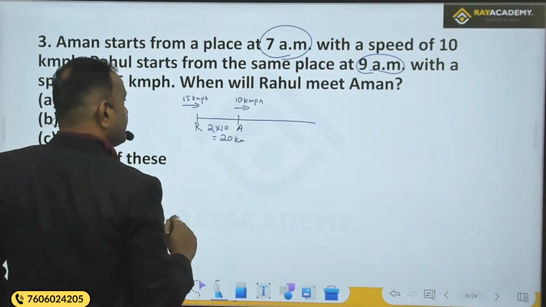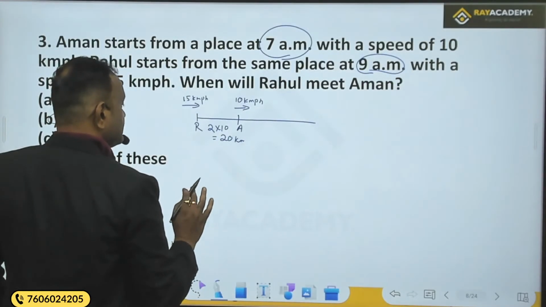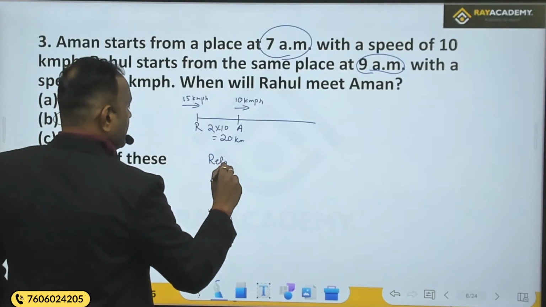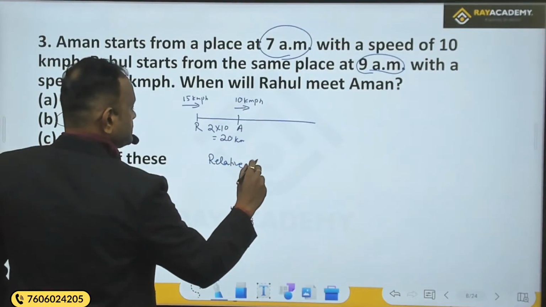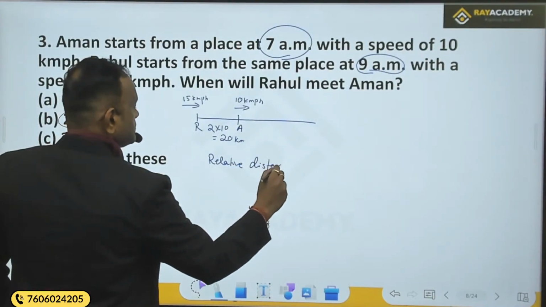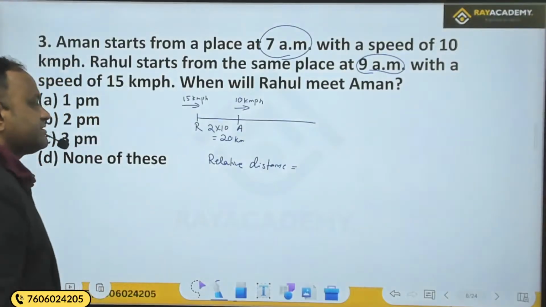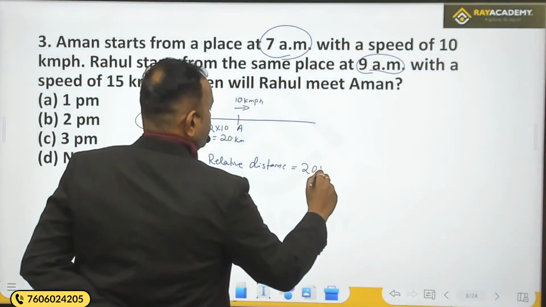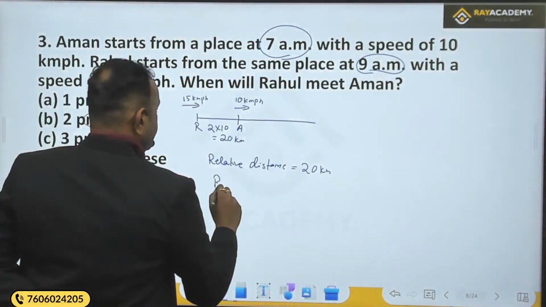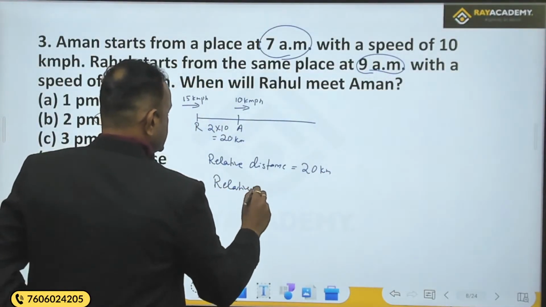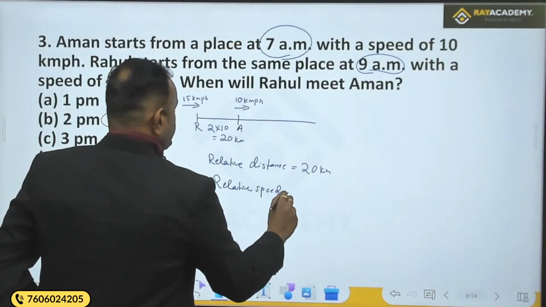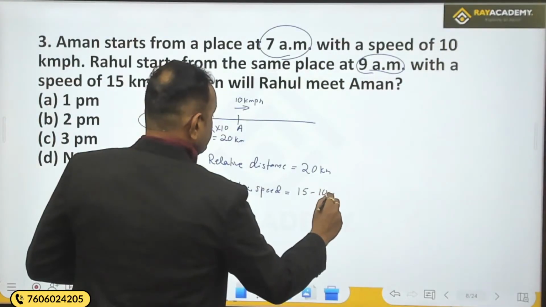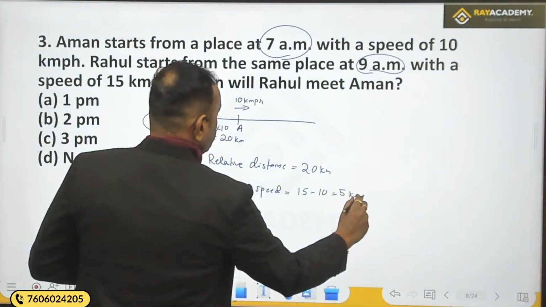Here we will use the relative speed and relative distance concept, which makes it very easy. What is the relative distance between Rahul and Aman? There is a 20 kilometer difference between them. Relative speed: both are traveling in the same direction, so 15 minus 10, that is 5 kilometers per hour.